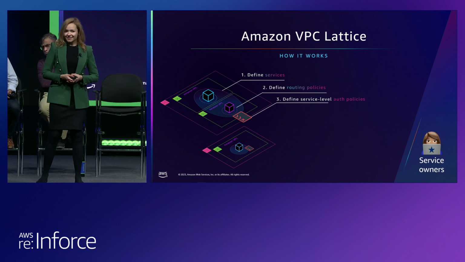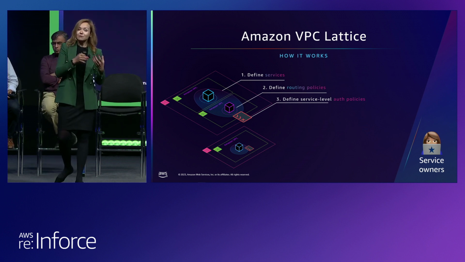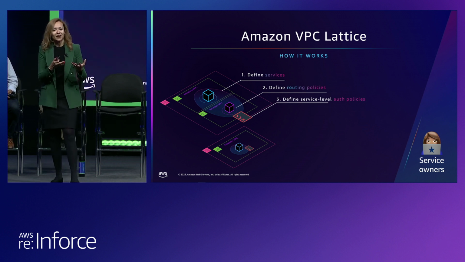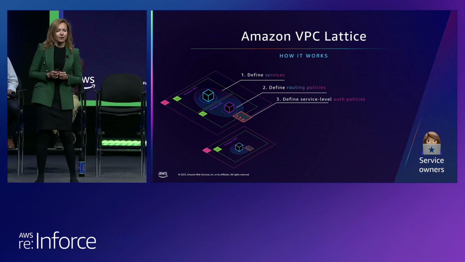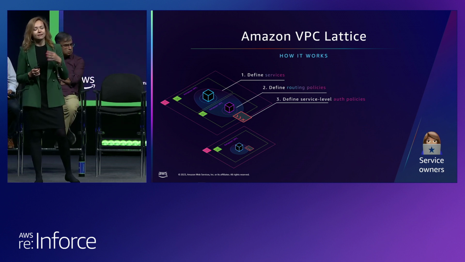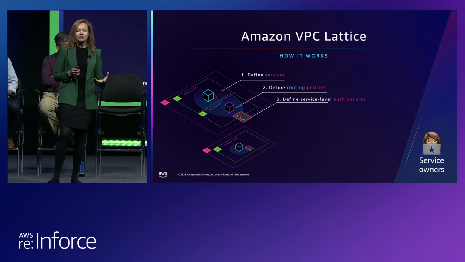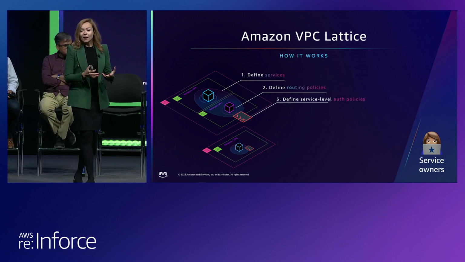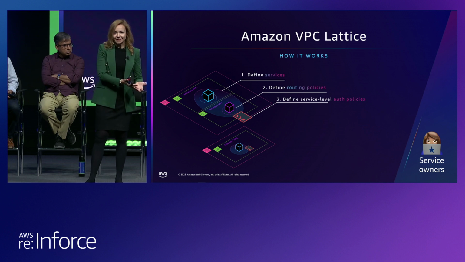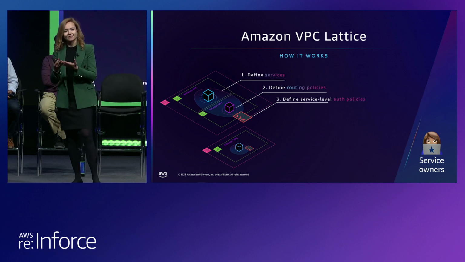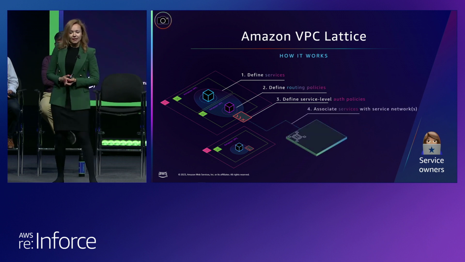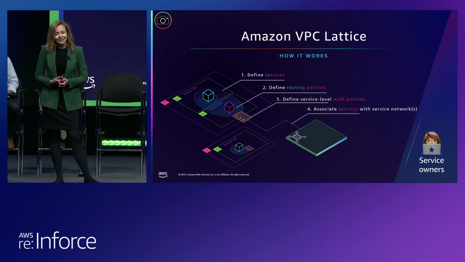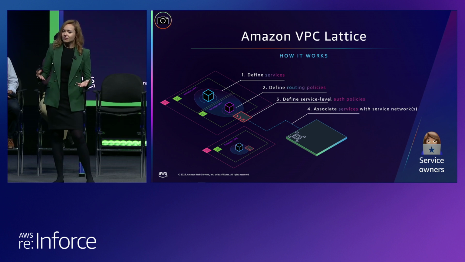The third task for the service owner, in collaboration with the admin on the security side, right, is to define service level auth policies. And here's where the service owners can granularly control what other services within the environment can access their services within VPC Lattice. And last but not least is associating services with the service network.